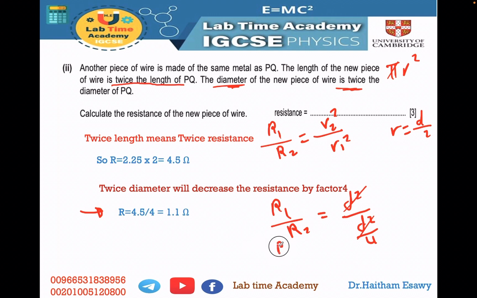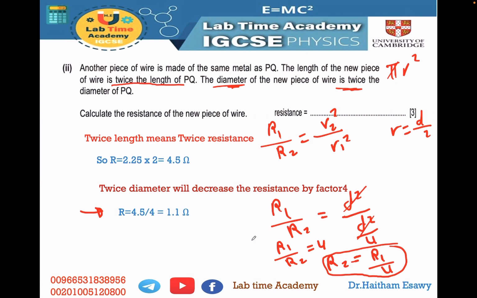So R1 over R2 equals 4. So this means that R2 will be equal R1 over 4. So the new resistance equals the old resistance divided by 4. So here 4.5 divided by 4, so you can obtain 1.1 ohm.